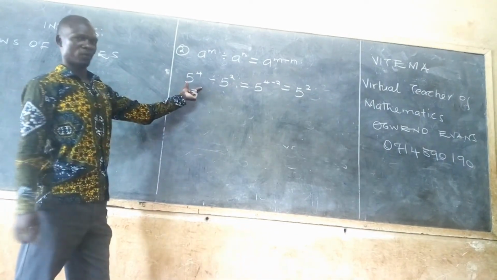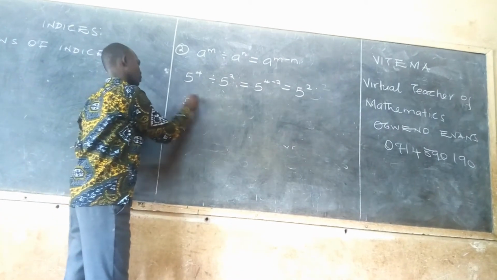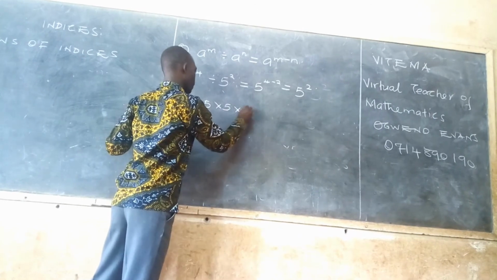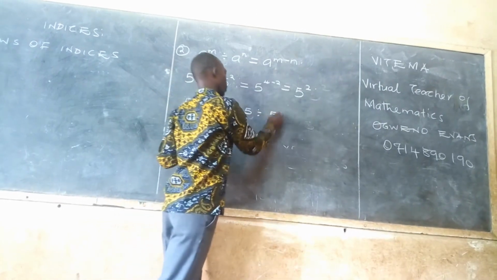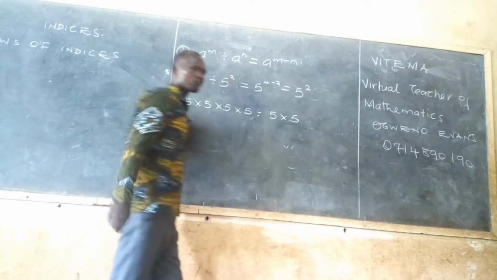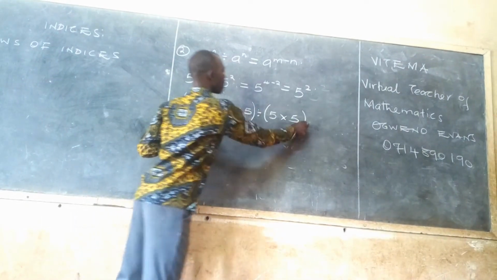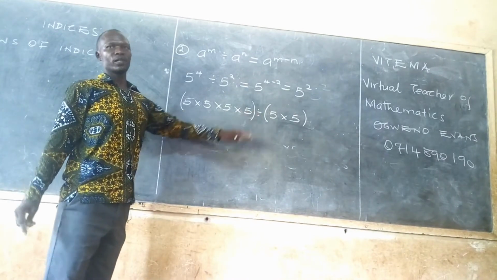What does 5 to the power 4 mean? It is 5, 1, 2, 3, 4, divided by 1, 2. As we are aware, division means over.